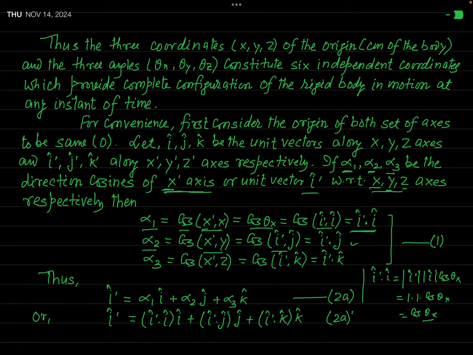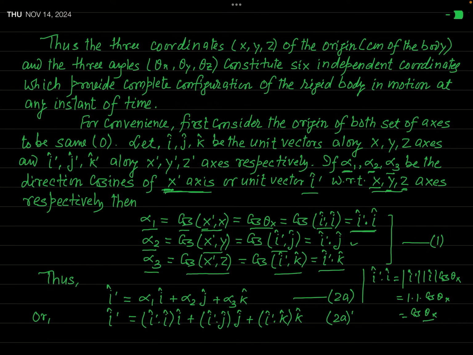And alpha 3, the direction cosine of x dashed axis with respect to z, will be simply the cosine of the angle between x dashed axis and z axis. It is written as cosine of x prime comma z, or cosine of I prime comma k, and that will be equal to I prime dot k. So in this way we have defined the direction cosines of x prime axis with respect to the three axes of a space coordinate system.